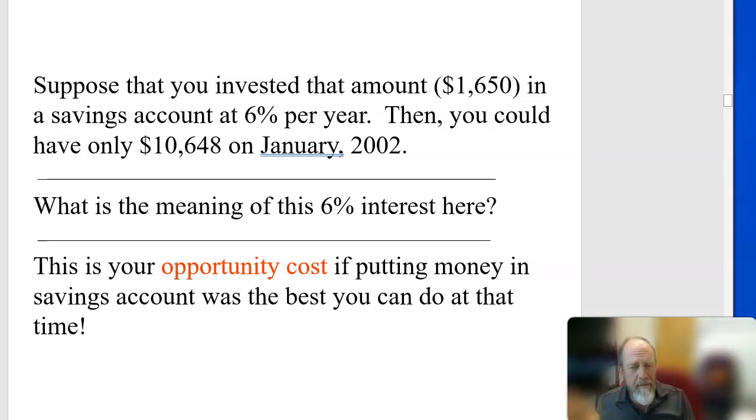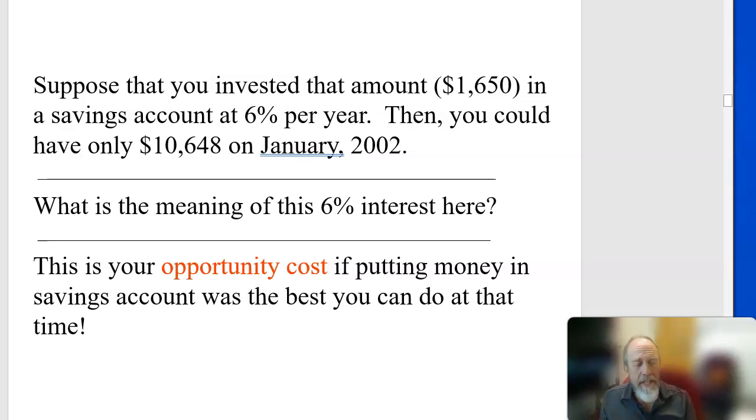But anytime you've got money going into one thing versus something else, there's always an opportunity cost. This is what you could always get at the time. Understand that there is a concept of opportunity cost, and holding on to your money and not investing in anything has a high one.